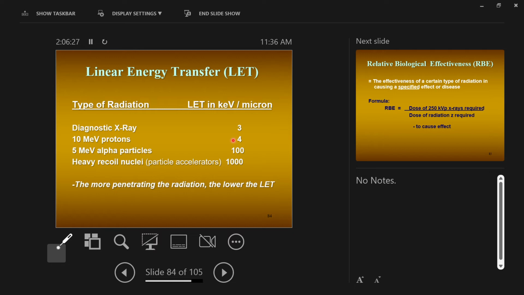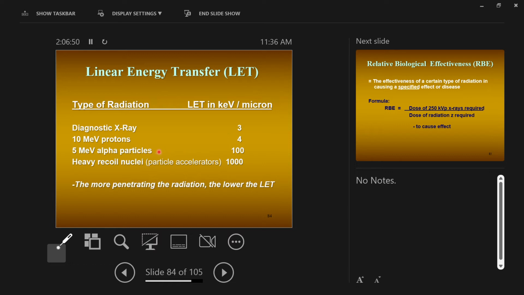So that's a higher linear energy transfer. Which one's more harmful? 10 megavolt protons or diagnostic X-rays? The protons are, right? The high energy protons are. Now, if we had super duper low energy protons, they would have a lower LET. Okay, but importantly, at this energy level, they are more harmful than X-rays.